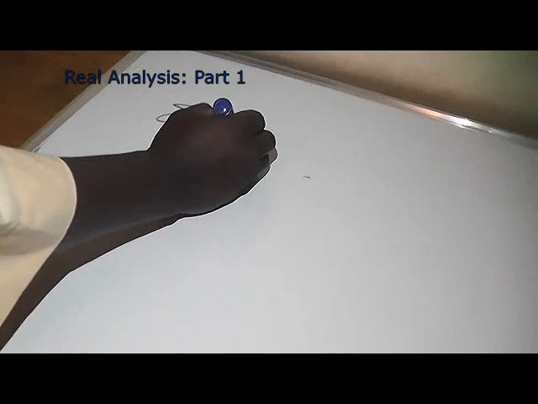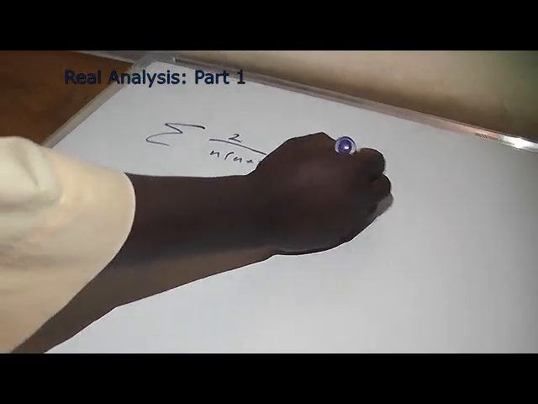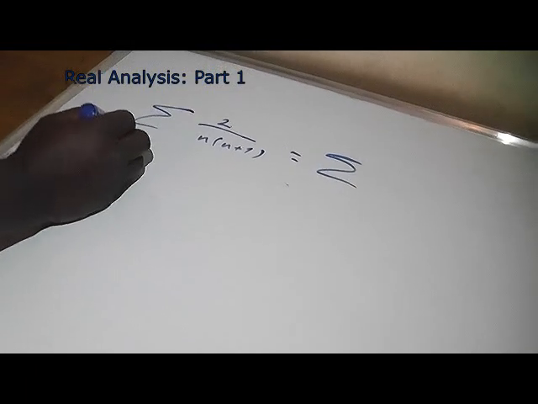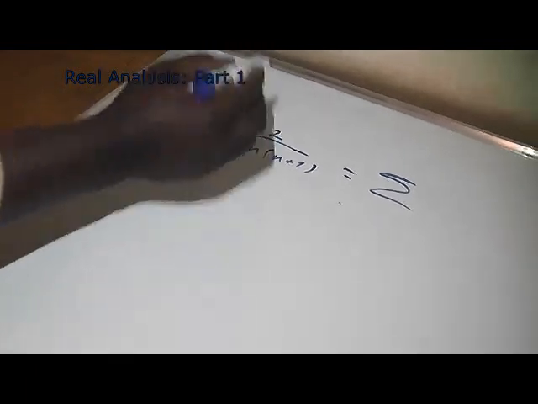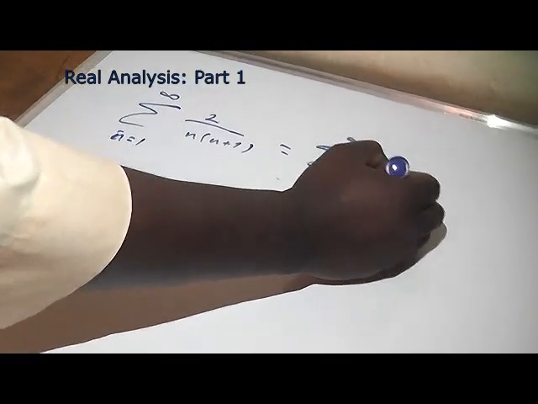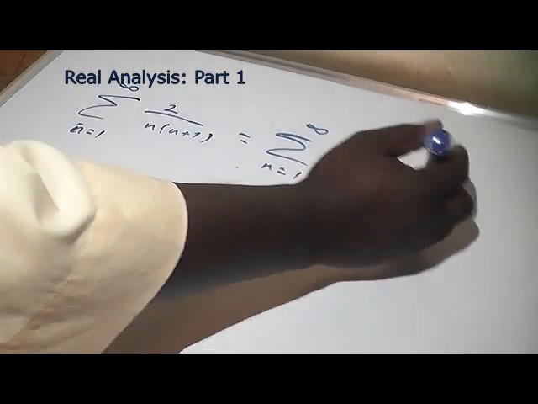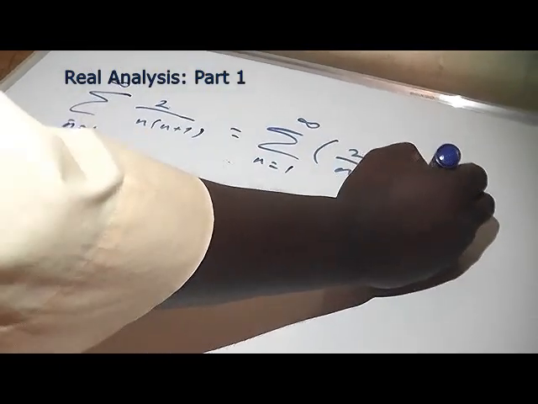Now we check also a special series, 2 over n times n plus 1, which by partial fractions is the summation, n running from 1 to infinity, of 2 over n minus 2 over n plus 1.